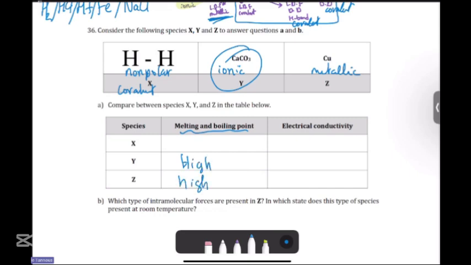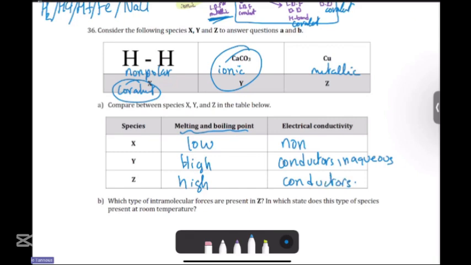The only compounds that have low melting and boiling point are the covalent, non-conductor, and those are conductors only in aqueous solutions or if molten, and metallic are always conductors.